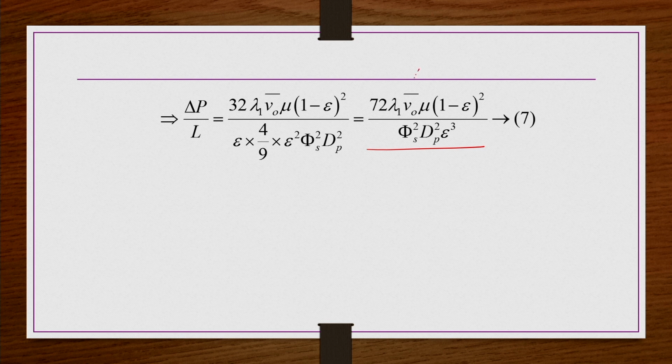So now here the superficial velocity is known, how much superficial velocity you want to provide, that you know, and the viscosity of the fluid you know, the void space characteristics of a bed in general you know. dP, the sphere volume equivalent diameter of the irregular particle, you know, and the sphericity of the particle also you know, or you can know by the calculation that we have done in module 1. So, everything is known here except this lambda 1.